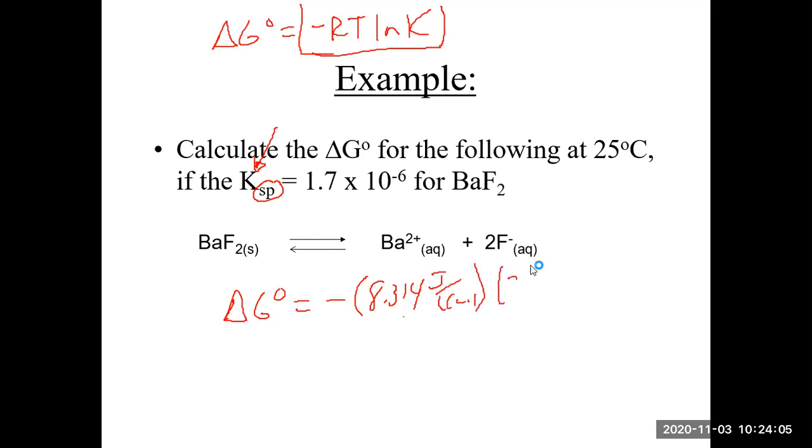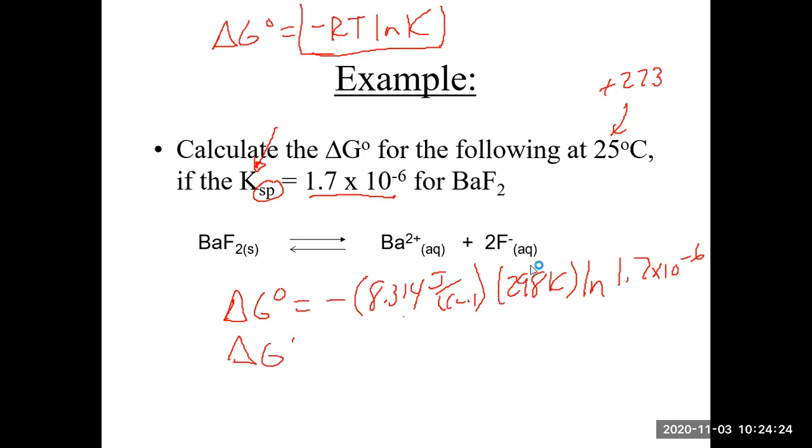Our T value also needs to be converted into Kelvin, so we're going to add 273 to this, and that's going to be the natural log. It doesn't matter what type of K value it is, it's still a K value. So we're going to go 1.7 times 10 to the minus 6.